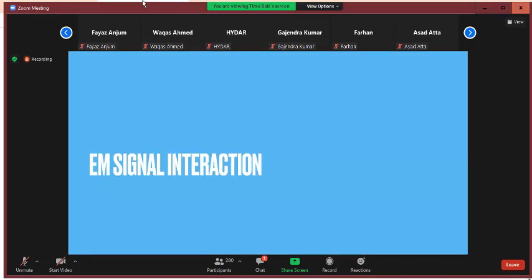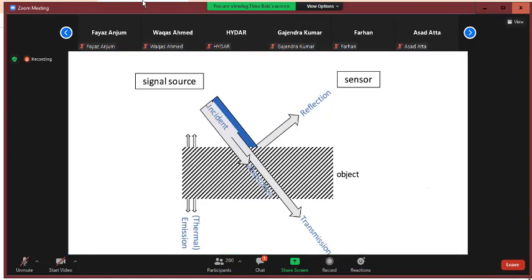All right, we're still at the very basic level of EM signal interaction, so electromagnetic waves and their interaction. This is something that you could see in every remote sensing class. Here is the very basic interaction of the electromagnetic waves, where we send in the signal at a certain incident angle, and then it can be reflected.